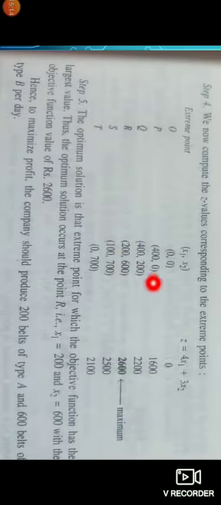See all the points O, P, Q, R, S, T. These are the extreme points with their x1, x2 values, and the objective function is 4x1 plus 3x2. Put these values in the objective function. Your problem is maximize, that means we take the maximum value, which is 2600.